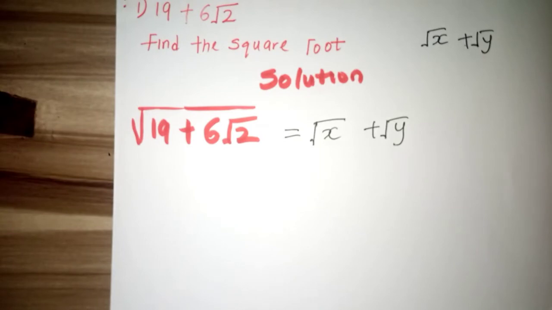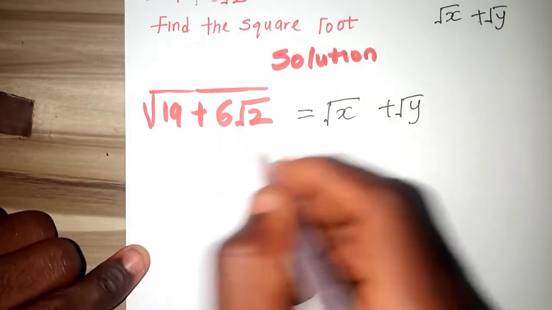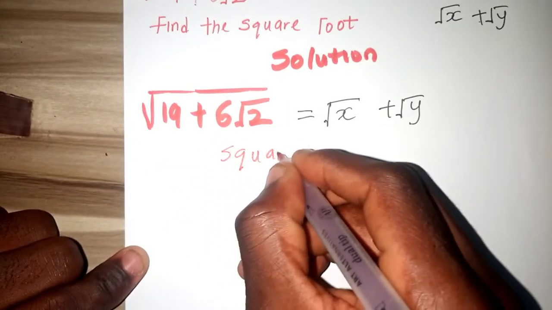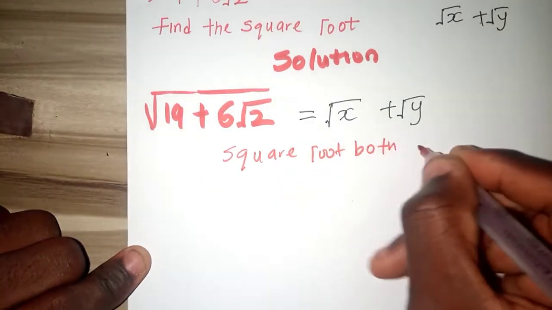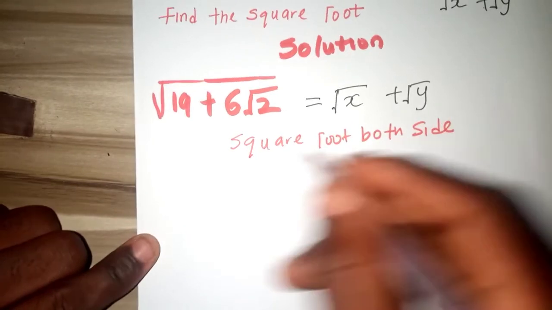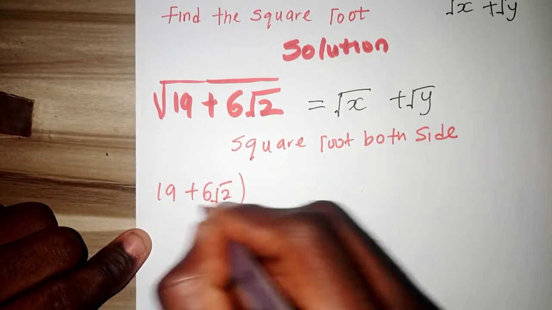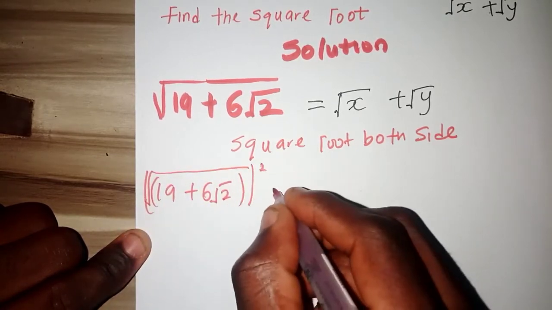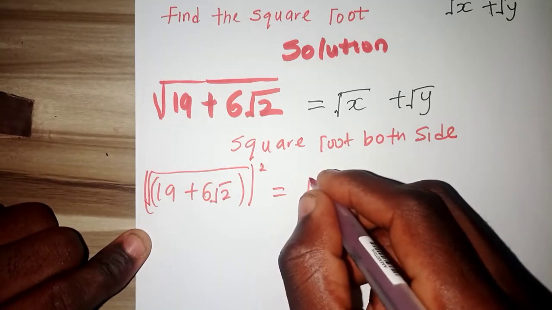What is the next thing for us to do? The next thing is to get rid of this square root. How do I get rid of a square root? Square both sides. So we have 19 plus 6 root 2 on the left. Since this is a square root, when you square it, you square both sides.